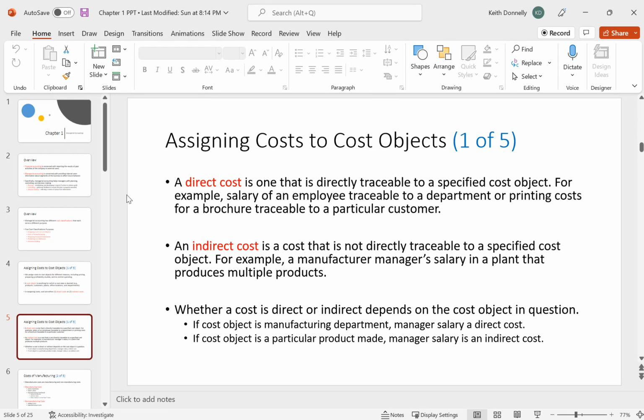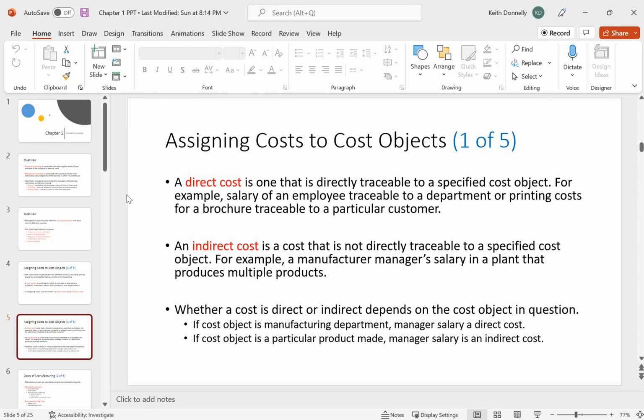In other words, yeah, it is related to it, but it's not directly related to it. That manager oversees various different products there, versus the employee in the department in the direct cost example, it's like directly traceable, right? It's like you can say 100%, it traces right there, it makes sense.